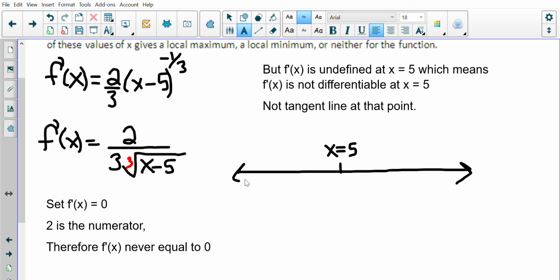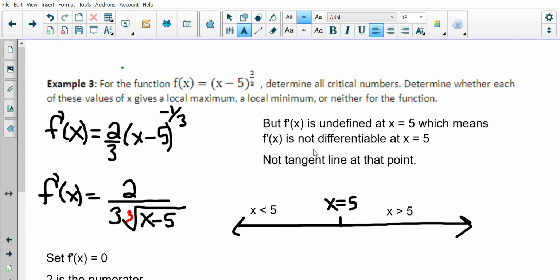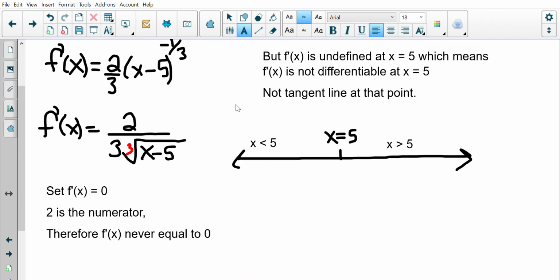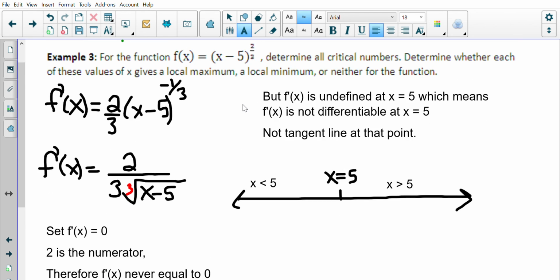All right, so I'm going to look at two intervals here. We're going to look at when x is less than 5 and when x is greater than 5. Let's check it out.